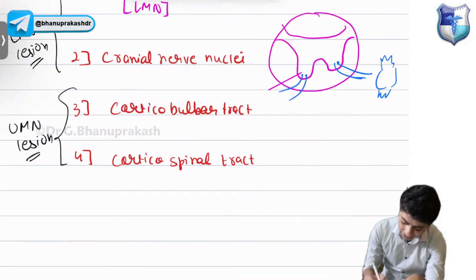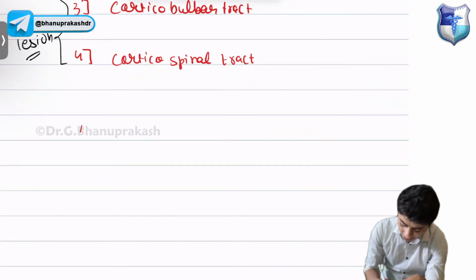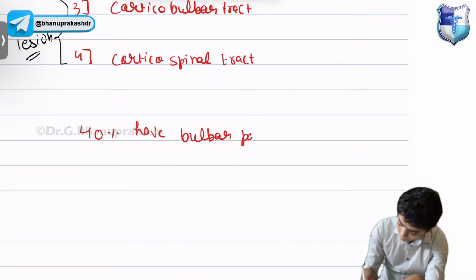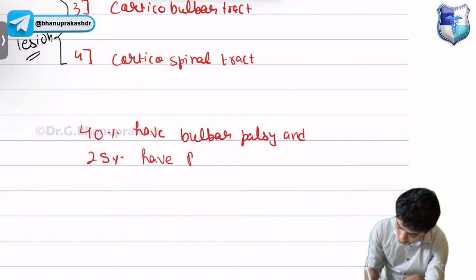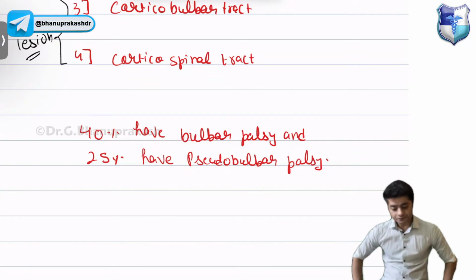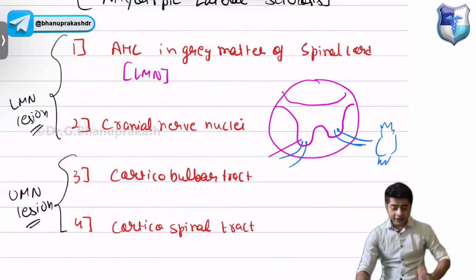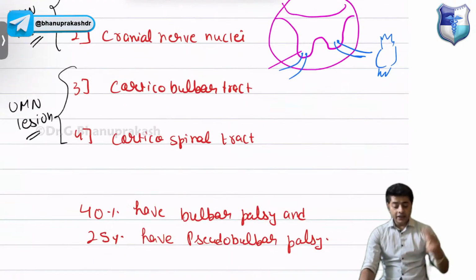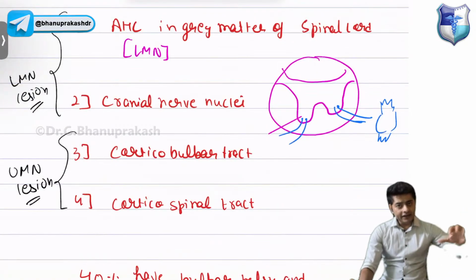What we have seen is that in these kinds of patients, 40% have bulbar palsy and 25% have pseudo-bulbar palsy. Now, in motor neuron disease, if the anterior horn cell and cranial nuclei are affected, it is LMN.